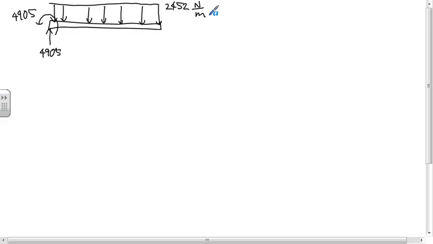Now we have all the external loads and we're ready to make the cuts, you know, find the important points and make the cuts. Where are the important points on this?